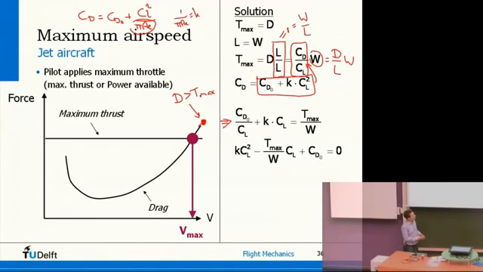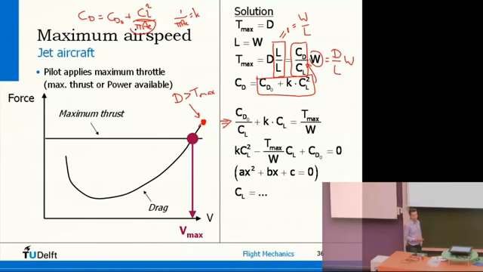And from this you should see that now I have one equation with one unknown, which is lift coefficient. Since maximum thrust is given for an aircraft, the weight is given, factor K and CD0 are all constants. So this is basically ax squared plus bx plus c is equal to 0.